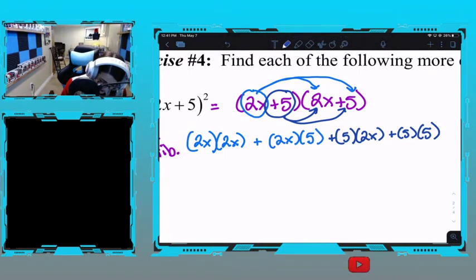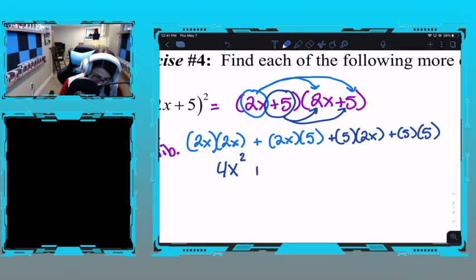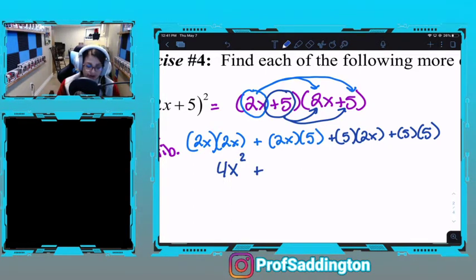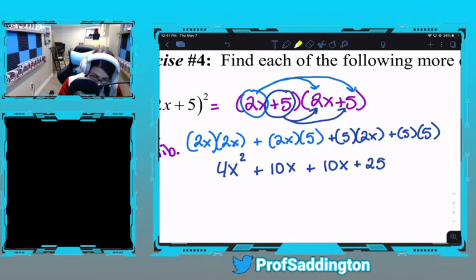So 2x times 2x, that is going to give me 4x squared, plus 2x times 5 is going to give me 10x, plus 5 times 2x is going to give me 10x, plus 5 times 5 is 25. And then, of course, I need to look for like terms. I do have some like terms.